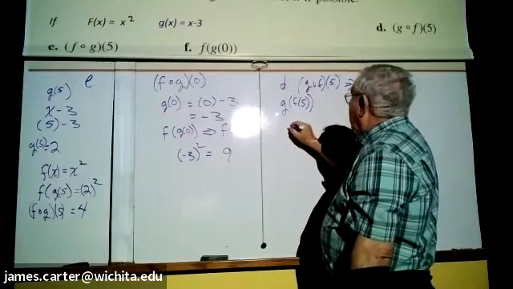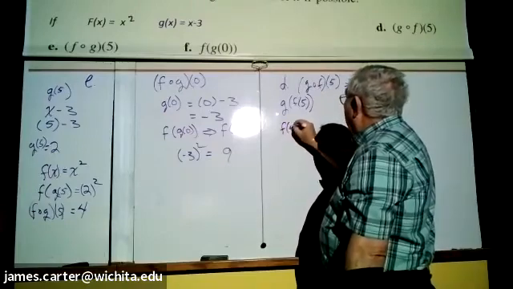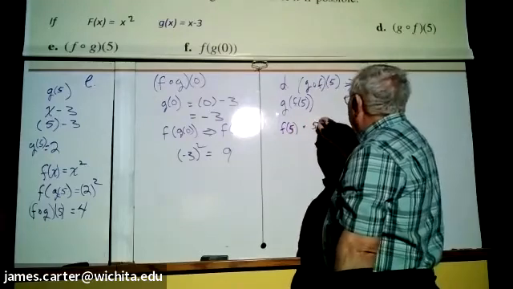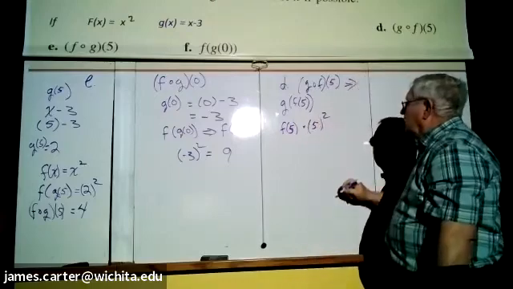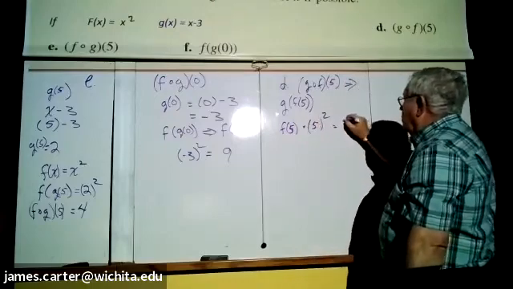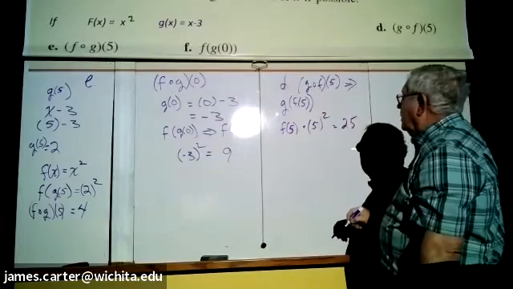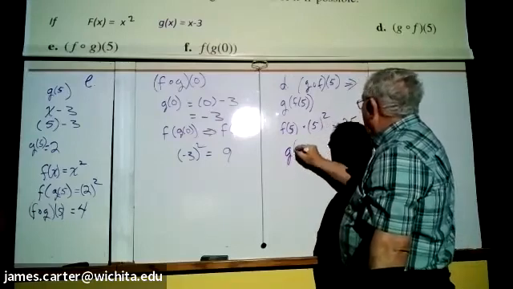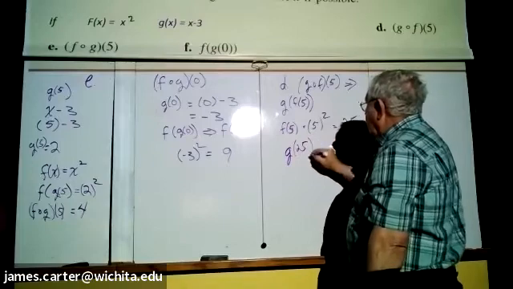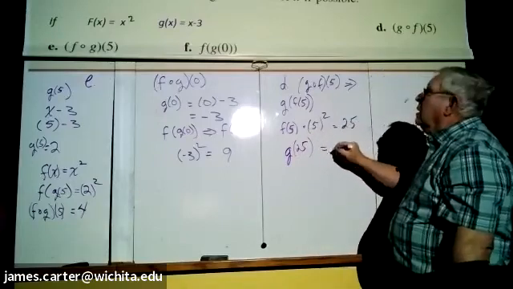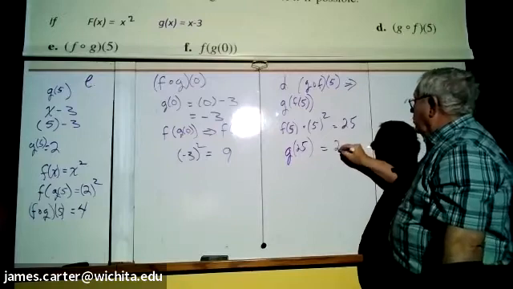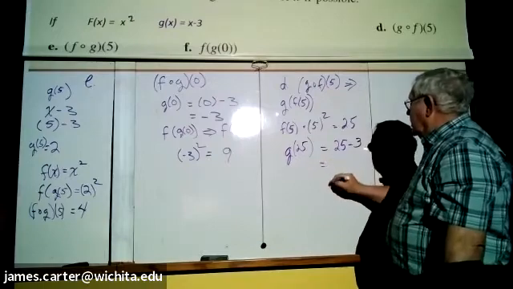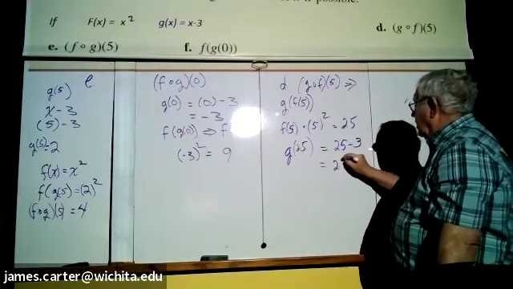Okay, so F of 5 is going to be 5 squared, which is 25. So G of 25 then is equal to 25 minus 3, which is equal to 22.